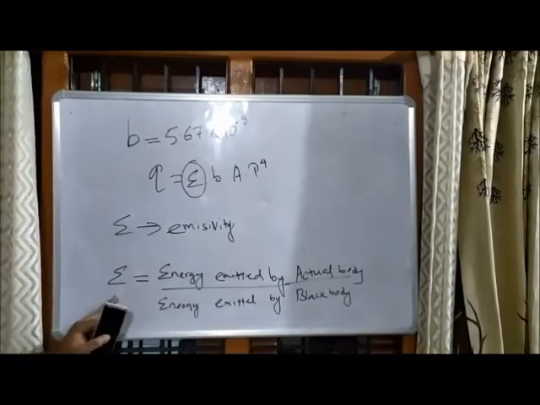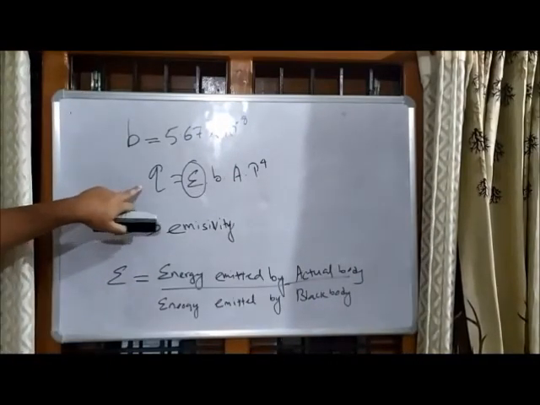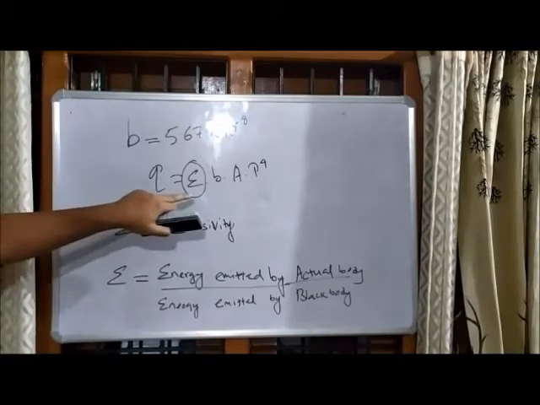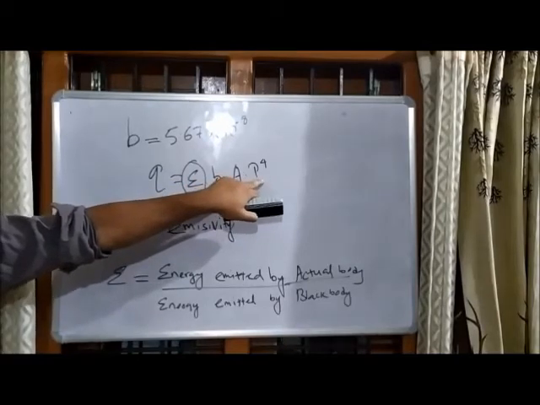So epsilon is the emissivity. In the Stefan-Boltzmann law for a body, we can write Q equals epsilon B dot A dot T to the power 4.